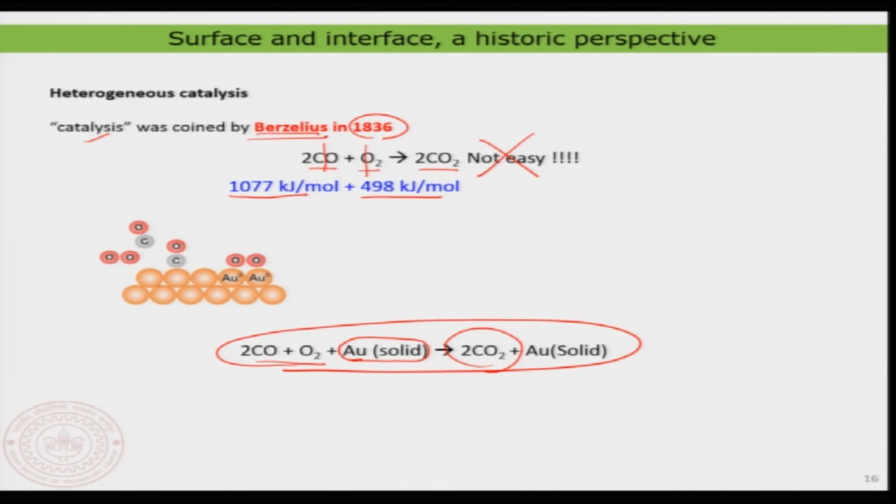Now you have gold atoms that are present, arranged in a very well ordered manner, because we are using a crystalline gold, let us assume. So, now I have gold 0 atoms, that means neutral gold is present, and when I do the chemical reaction in the presence of gold, carbon monoxide and oxygen molecules will start to adsorb onto the surface of gold like this, right.